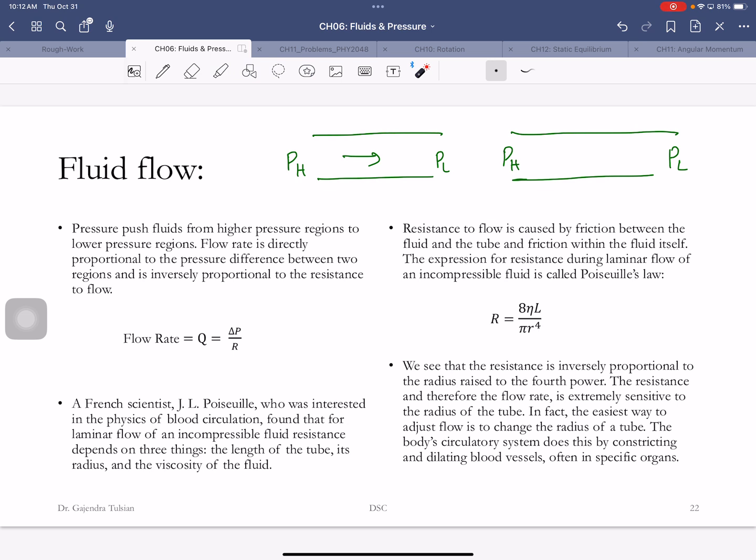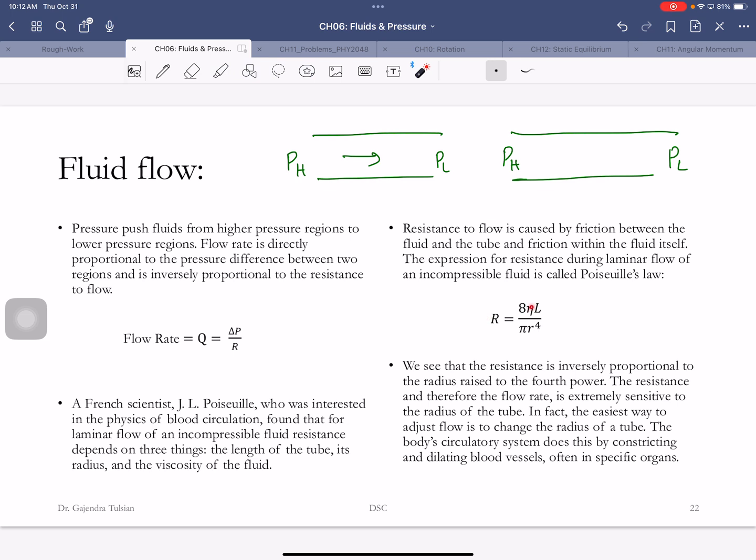All right, so the flow rate is denoted by Q. It's the pressure difference divided by the resistance. The greater the resistance to flow, the lower the flow rate. So obviously, honey has a greater resistance than water. Here's the formula for the resistance. And again, you don't have to remember any of this.